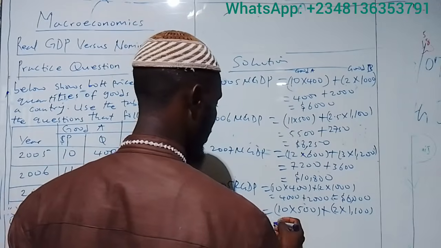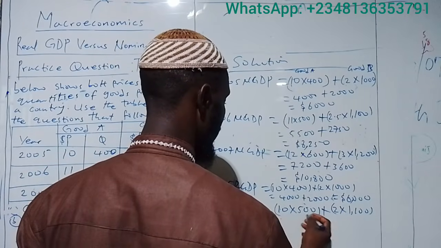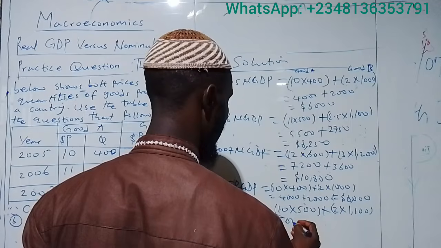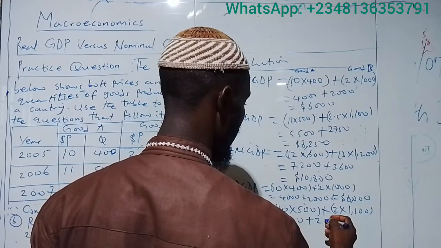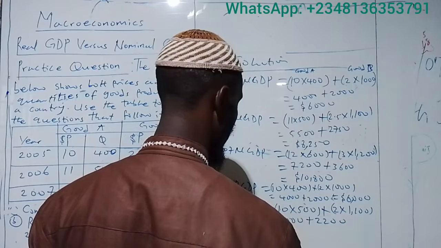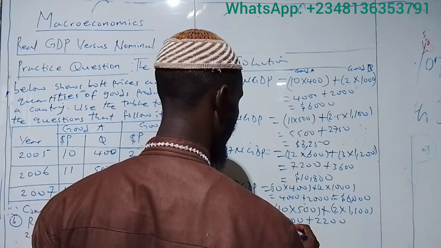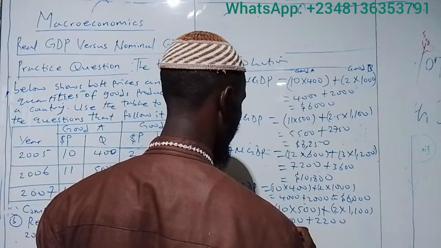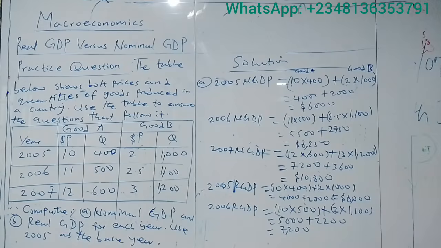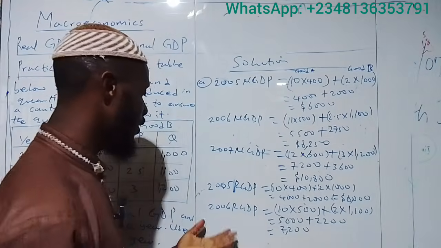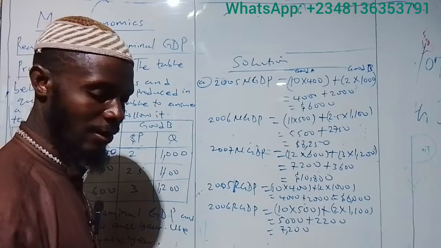When you multiply this one, we are going to have 5,000. Plus, you multiply this, you are going to have 2,200. When you add this, you have 7,200. So you are going to have 7,200. This is real GDP in 2006.